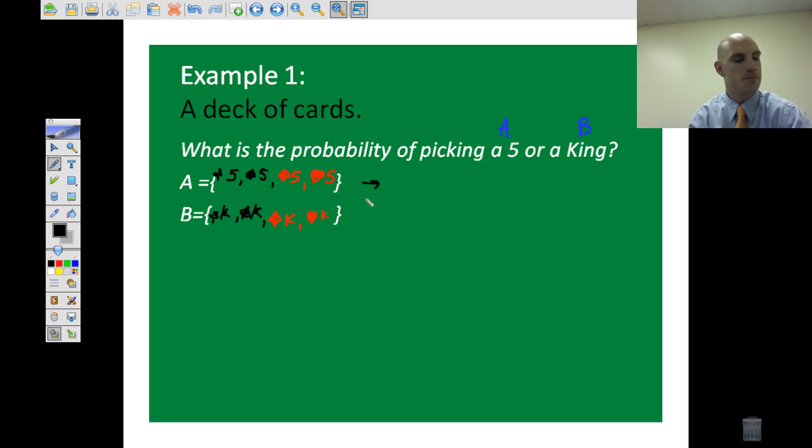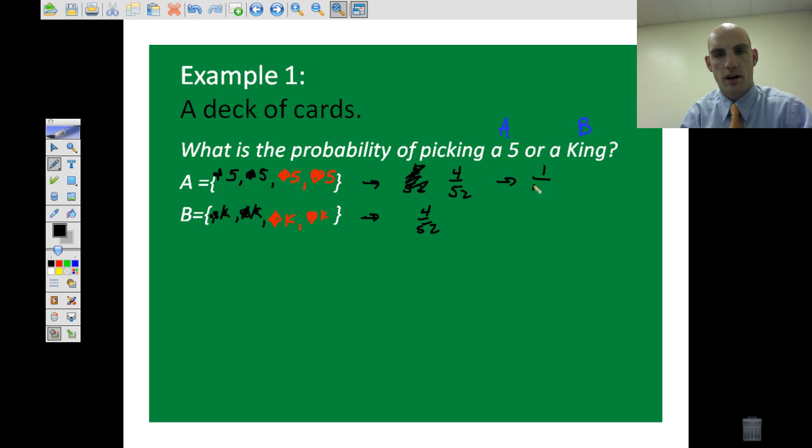So the probability of picking either one of those, they're mutually exclusive. Okay, so if you pick one, you cannot pick the other. Okay, so the probability of picking a 5 is going to be 4 out of 52, and the probability of picking a king is going to be 4 out of 52.